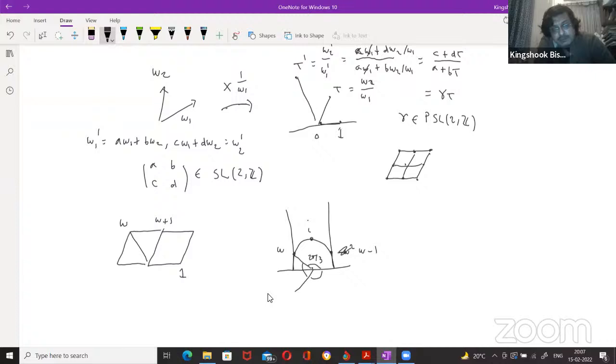So this lattice has an extra symmetry. And i corresponds to the square lattice, which has a symmetry of order 4, while this triangular lattice has a symmetry of order 3. Those correspond to stabilizers in the modular group: this has a stabilizer of order 2, and this has a stabilizer of order 3.